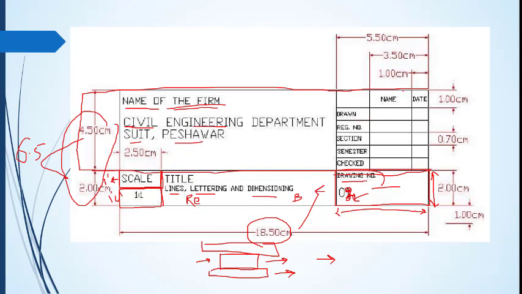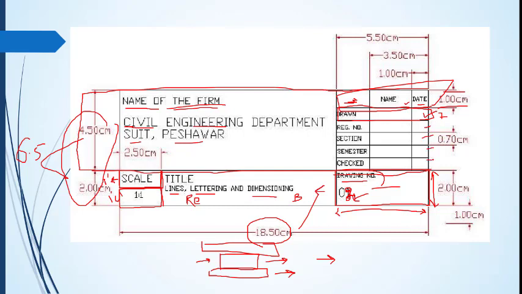In these parts, the space should be 1 centimeter for name and date. Here you can see date and name, and this can be spared. So 1 centimeter space is given here. After this, you can see that the section is divided in 5 parts, 7 millimeters each.